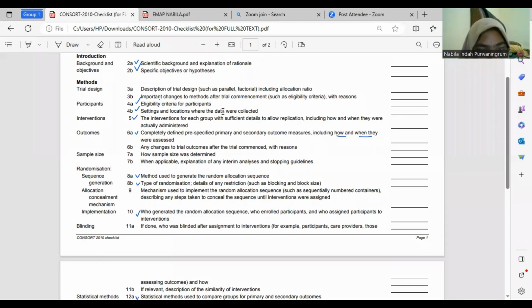For 4A, it is the eligibility criteria for the patient. The eligibility criteria contain two things: inclusion and exclusion. Inclusion means some characteristics that the patient has to have to be allowed to be a participant in this research.